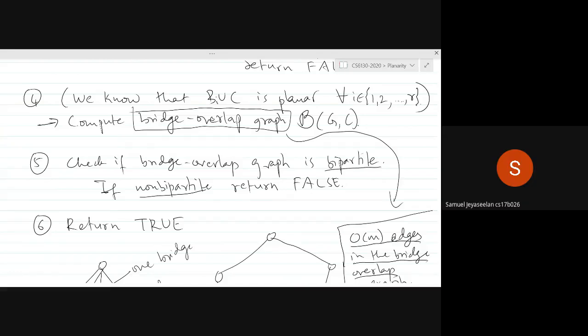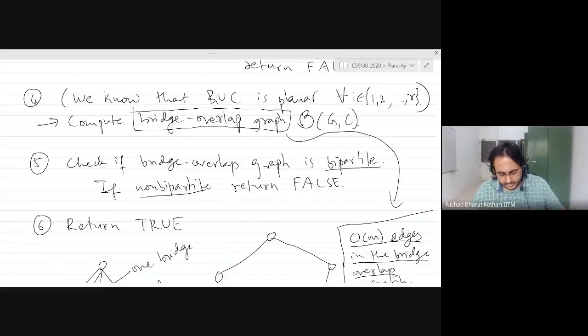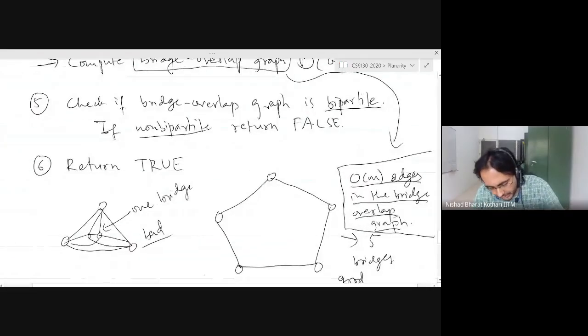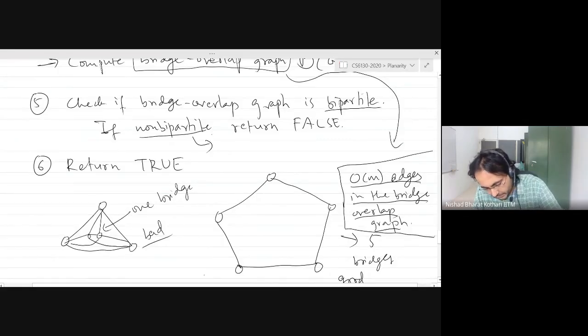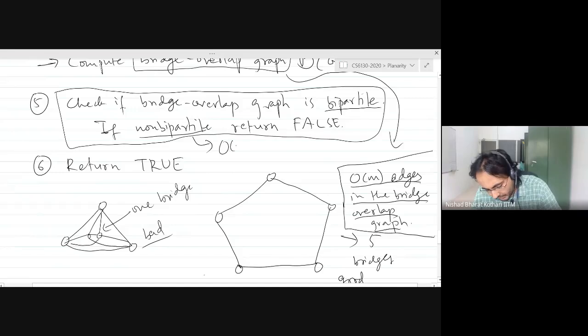That should be of order the number of vertices plus edges in the bridge overlap graph. Right, exactly. So this particular step, checking whether the bridge overlap graph is bipartite or not, can be done in order m time as well. Is that right?